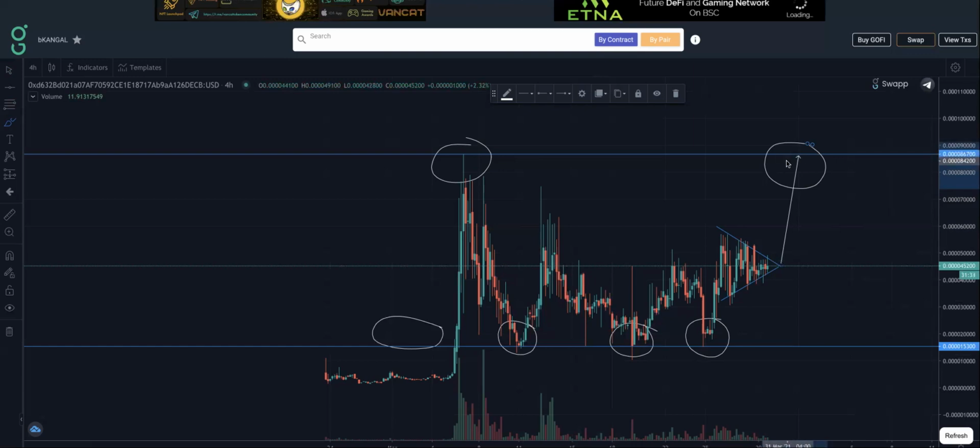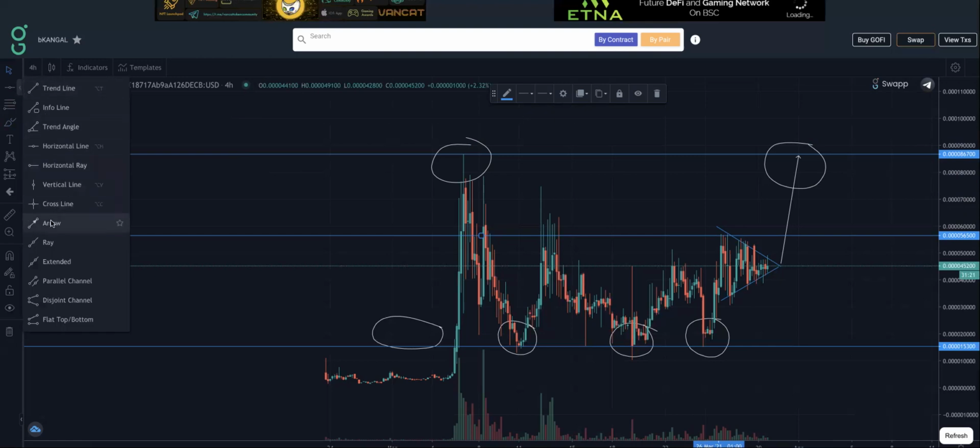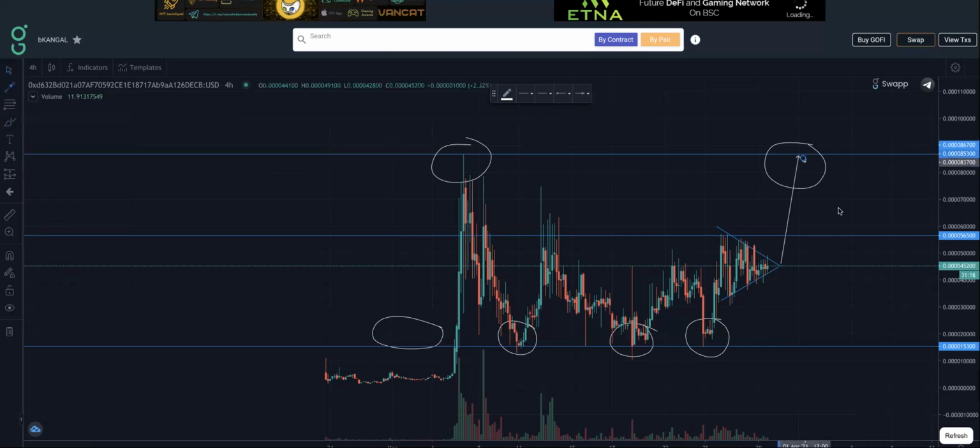So I would like to sell some, and hopefully what's going to happen next is that when it is moving up, it is likely to come back to a place like this and then retrace. We're going to retrace up to here and then continue its journey upwards.